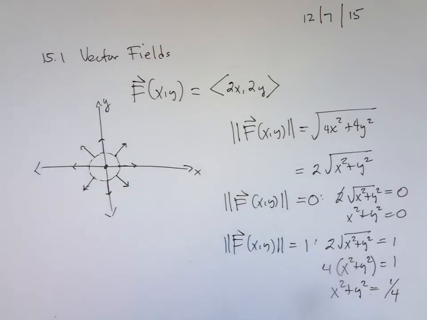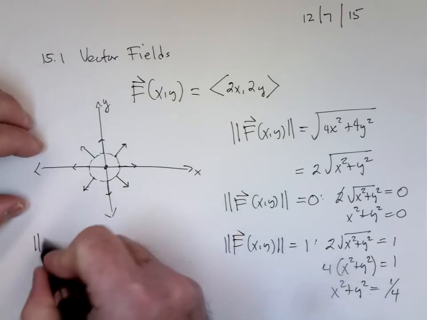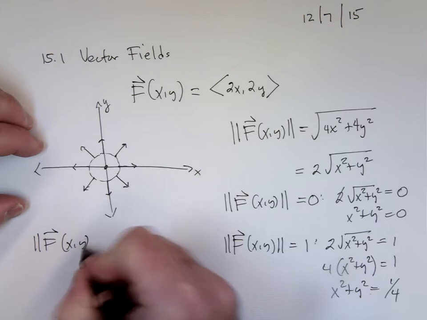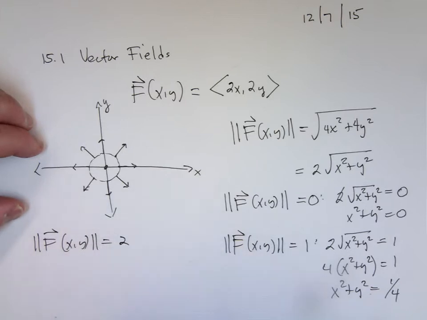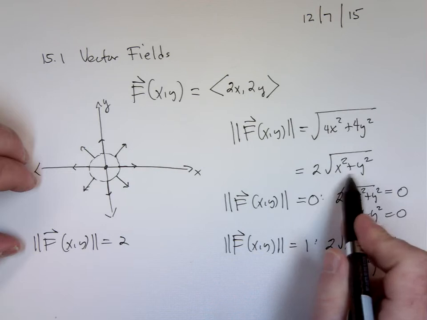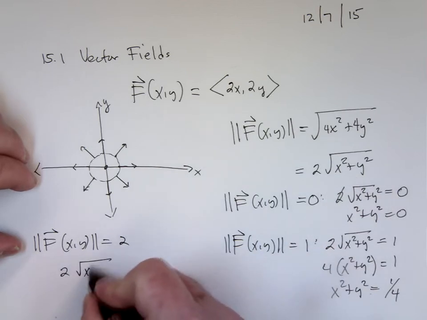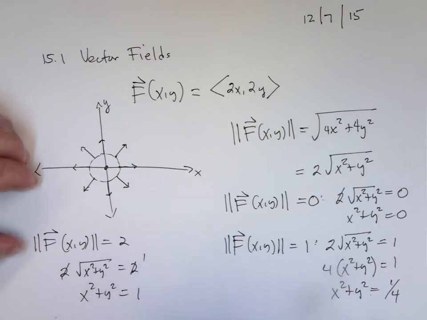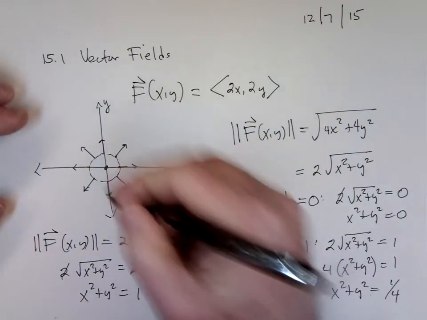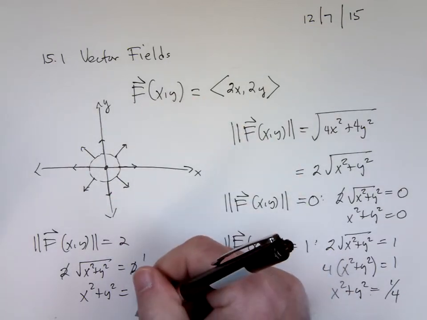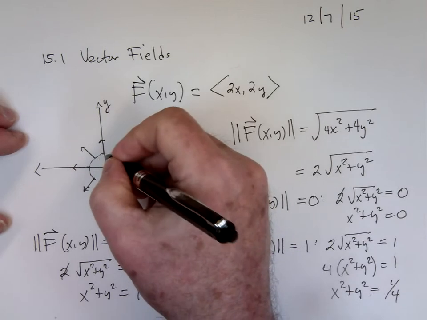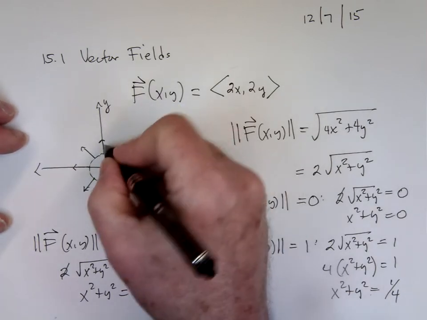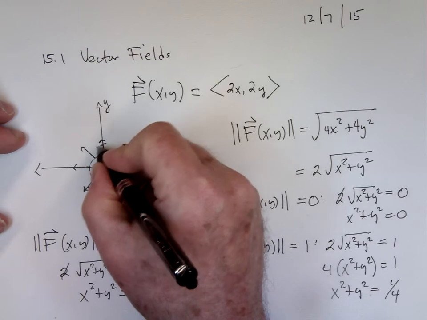And then you say, okay, let's take a look at all the vectors in this field whose length is 2. So the magnitude, which is 2 times the square root of x squared plus y squared, equals 2. Divide by 2. Square both sides. Every vector around this circle, x squared plus y squared equals 1, these vectors have length 2. So they would be in here.